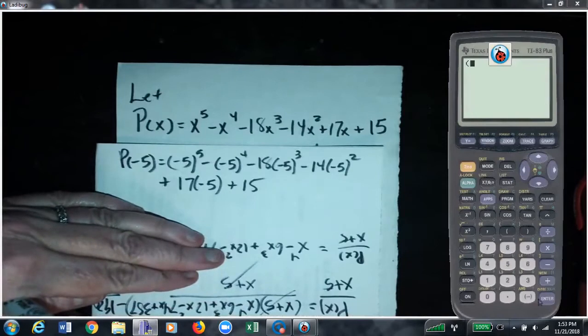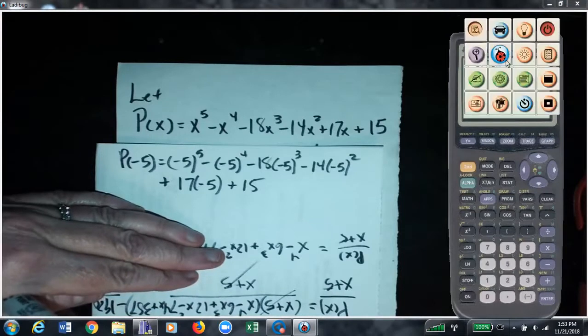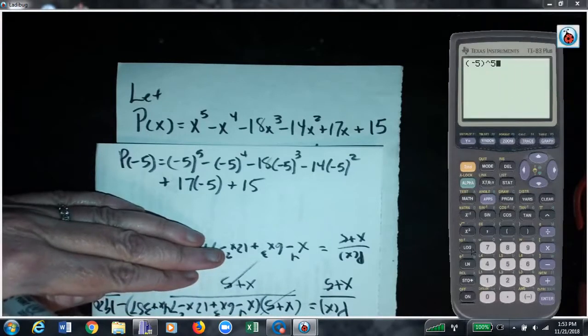So parentheses negative 5 to the 5th. Get that ladybug out of the way. Then minus, in parentheses, negative 5 to the 5th. It's really hard to do this when you're a mouse. Negative 5 all to the 4th.